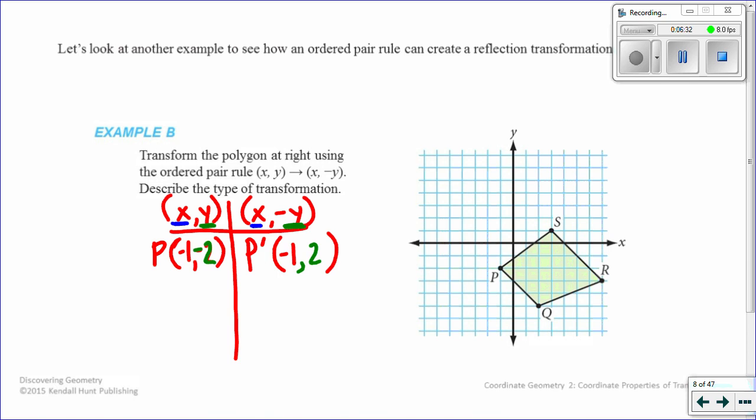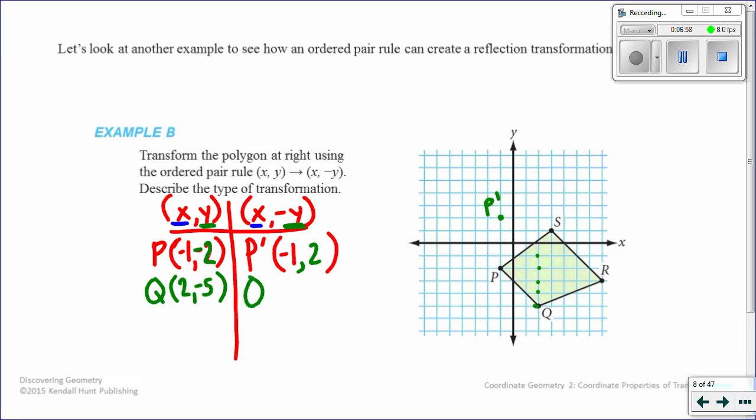It's using the opposite of whatever that y value was. So my P prime is going to be negative 1 and 2. Okay, so I'm going to label that. I'm going to go all the way through this one, and then you'll see what type of transformation this is. So I'm going to go to Q. So what was Q before? Q was, let's see, 2 and negative 5.